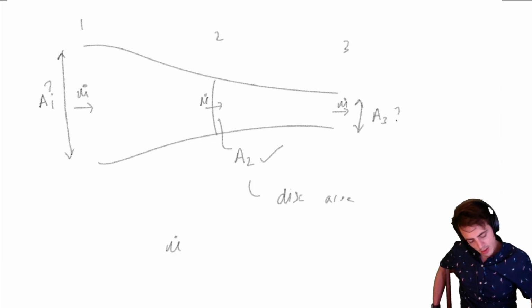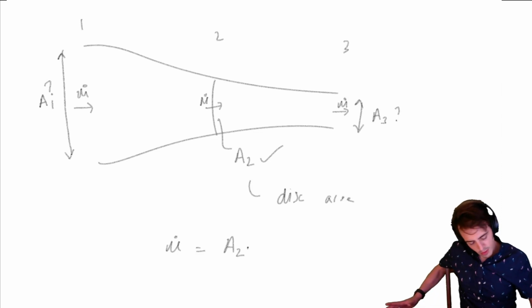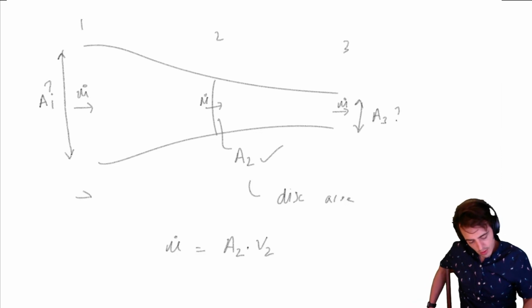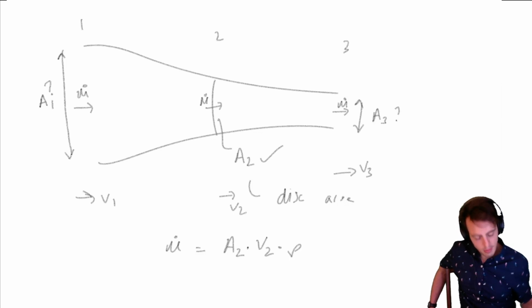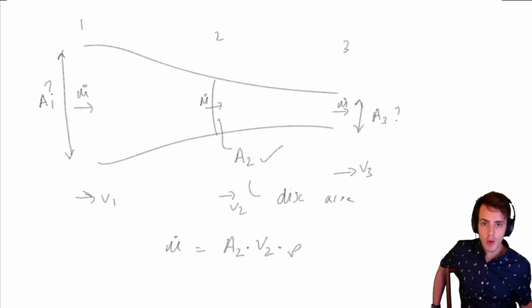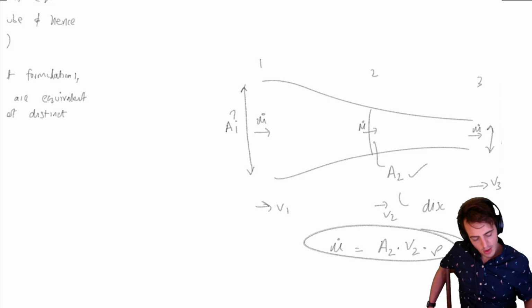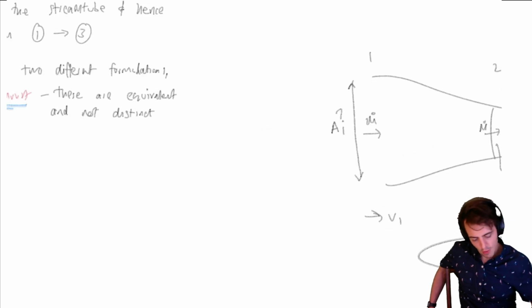So our m dot is simply equal to the disk area multiplied by the velocity at 2. Remember we've got V1, V2 and V3, multiplied by the fluid density, rho A V. So we've then got this quantity here, which is going to be our mass flow rate.